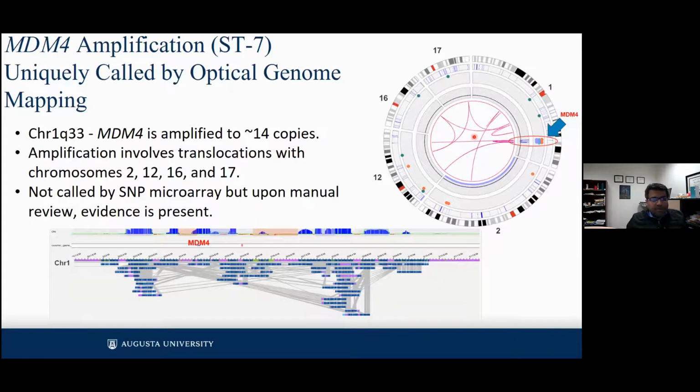And continuing on the same tumor, this is an MDM4 amplification, which is uniquely called by optical genome mapping. On chromosome 1q33, MDM4 is amplified around 14 copies. And the circos plot here shows the 14 copies of MDM4 amplification, and on top of that, there's a fusion with chromosomes 2, 12, 16, and 17.